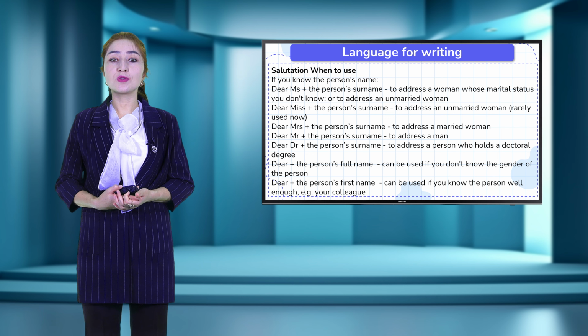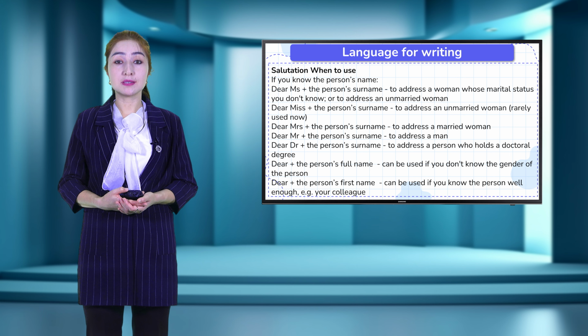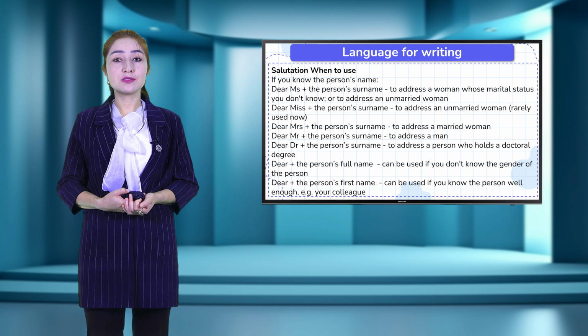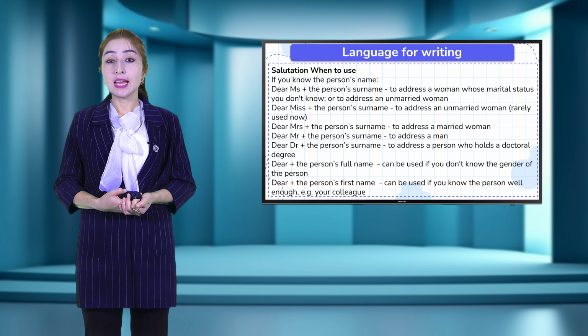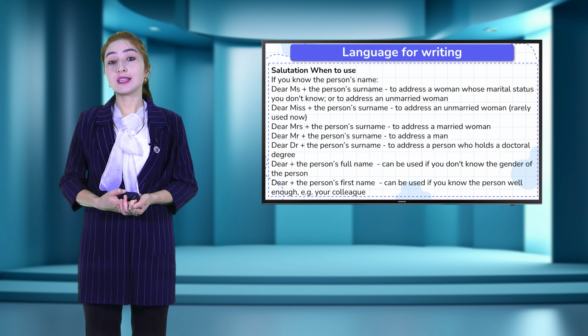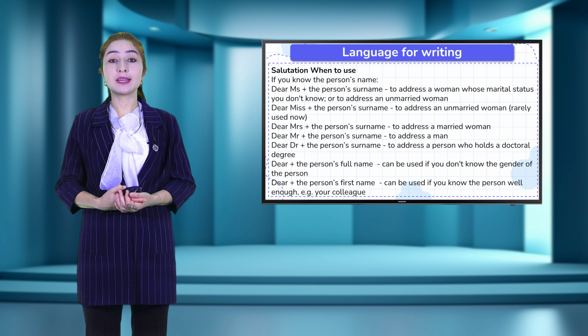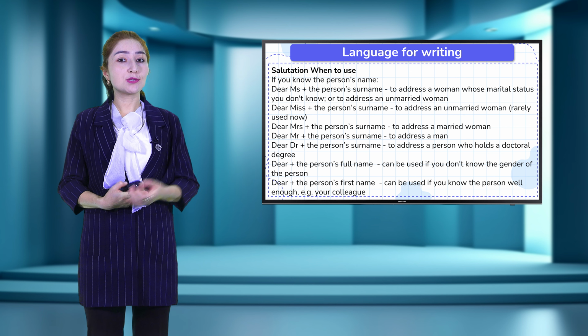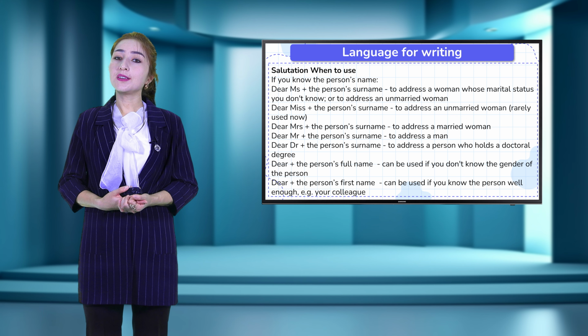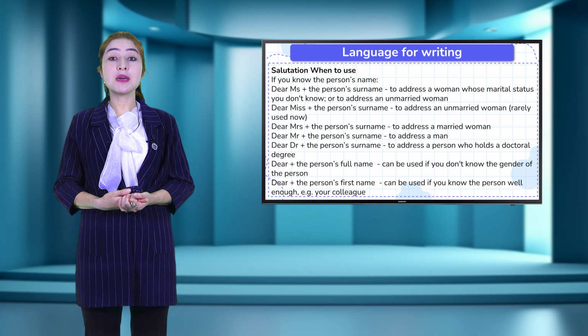And if you would like to use the words "Dear Mr", it means Mr. followed by the person's surname, you can write to address a man, not a woman. If you would like, after "Dear" you can write "Mrs." with the person's surname, to address a married woman.